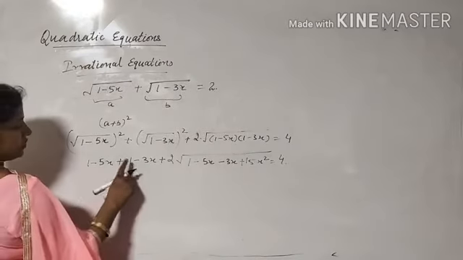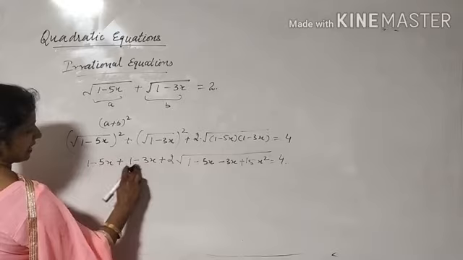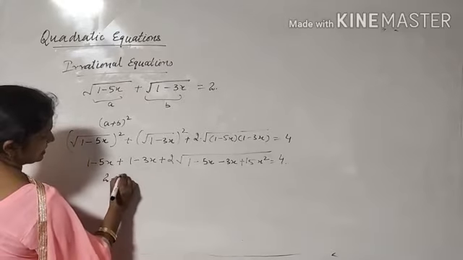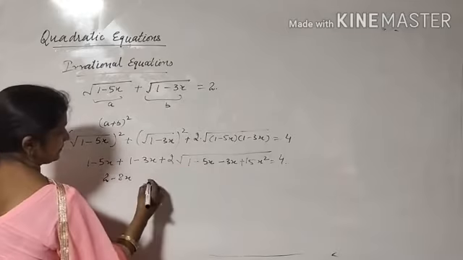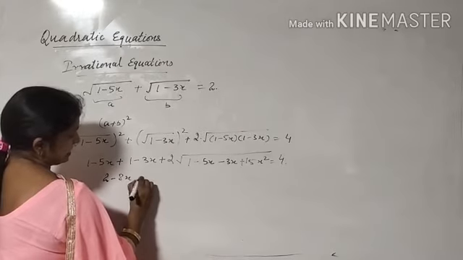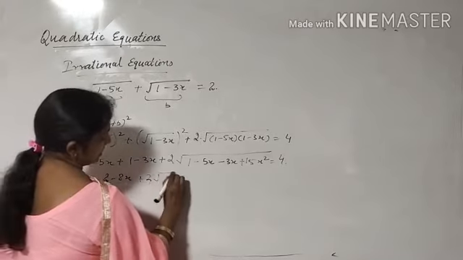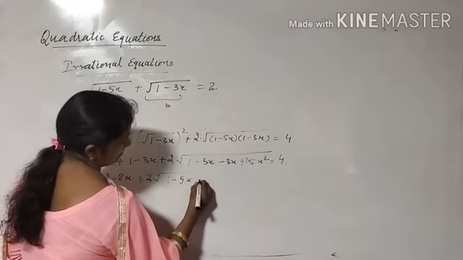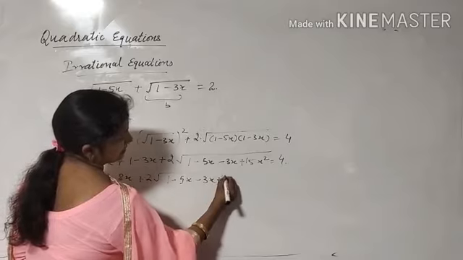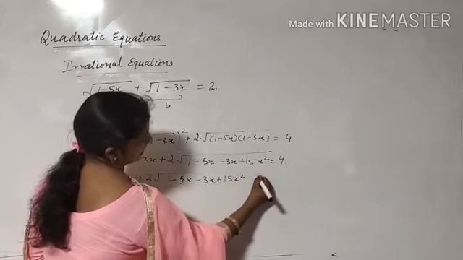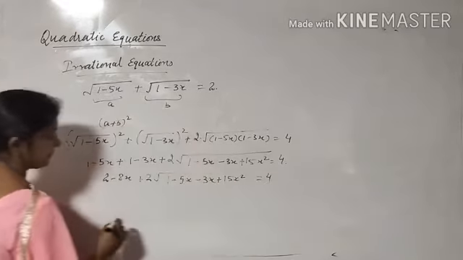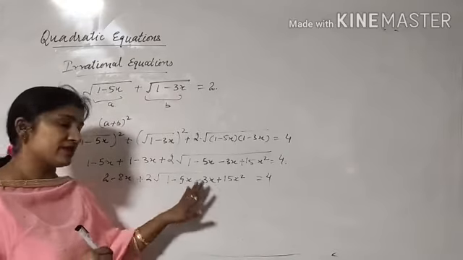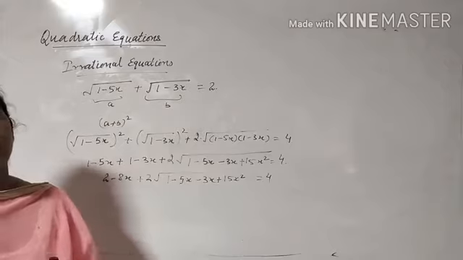So we have 2 - 8x. And on the right hand side, we have the root term equal to 4. So keep the term containing the square root on one side and the rest on the other side.